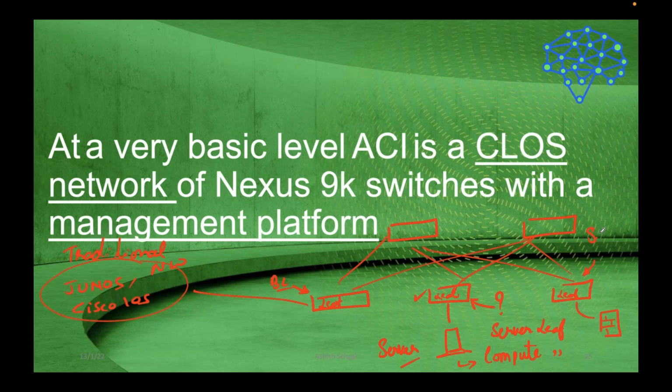We call this a service leaf. So there is no specific dedicated designation to the leaf switches. It is just based on the device they are connected to. We can give them different names: border leaf, compute leaf, service leaf. This is just an extended answer to the question.